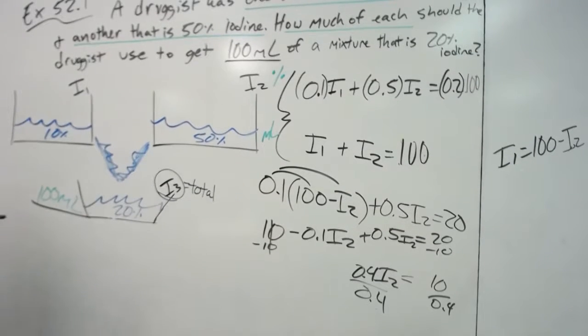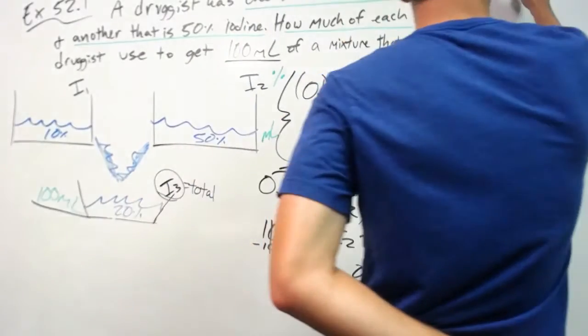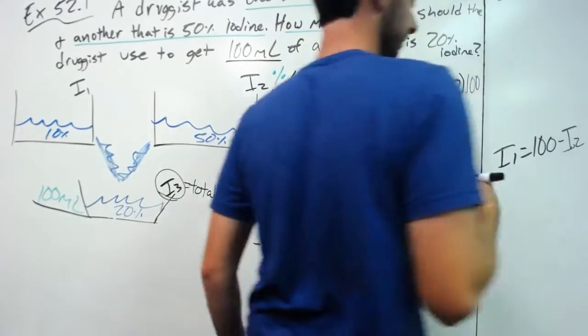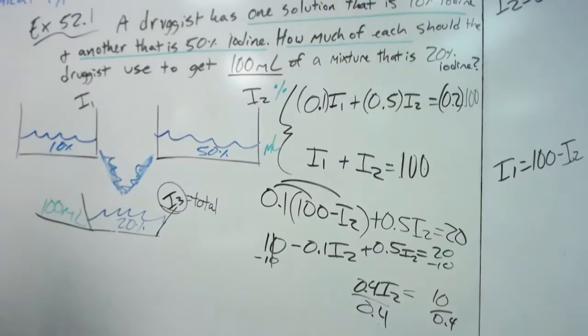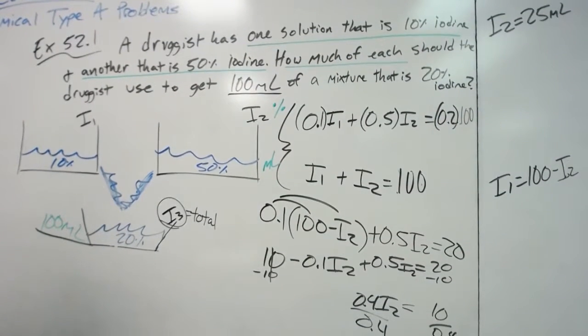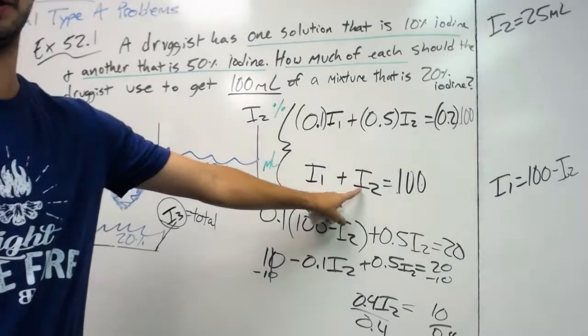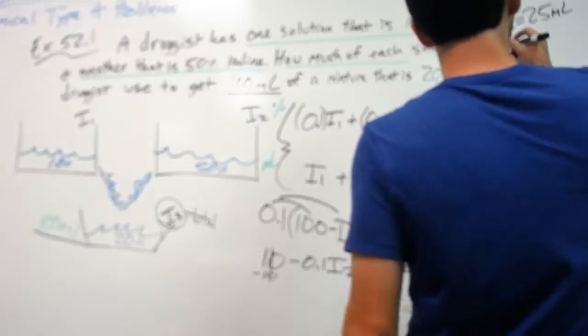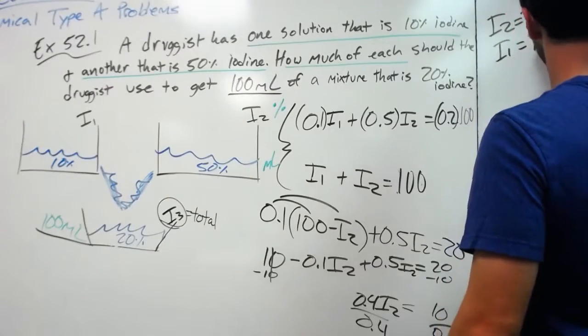So iodine 2 equals 25 milliliters. Therefore, if this is 25, we know that iodine 1 is 75. You could plug it in anywhere. But iodine 1 equals 75 milliliters.